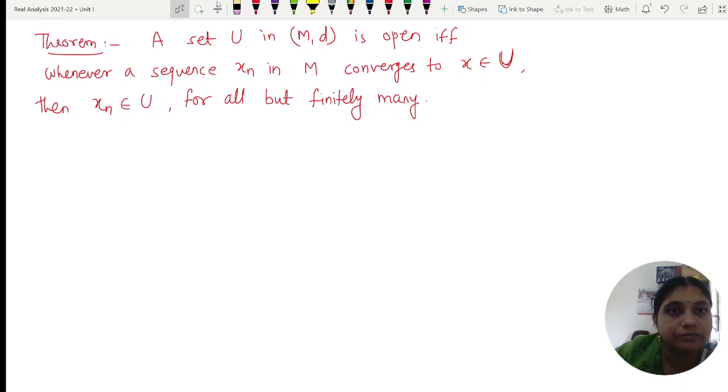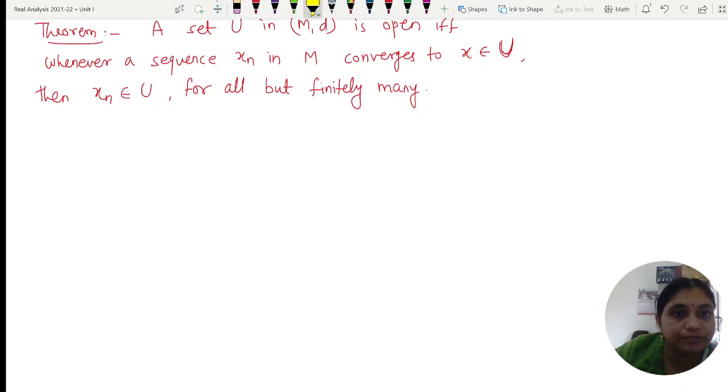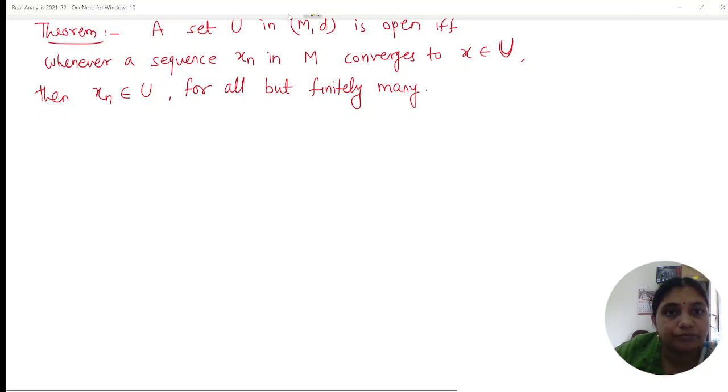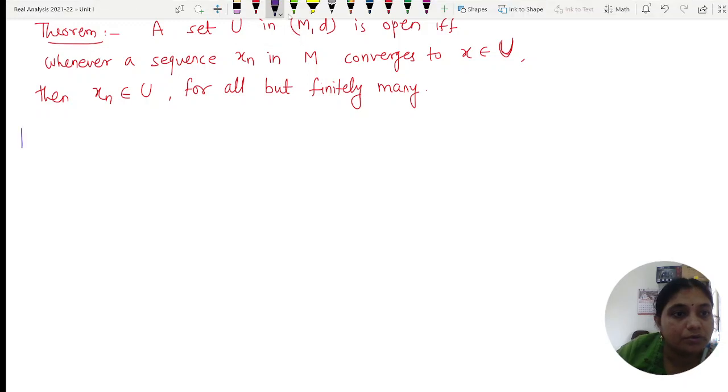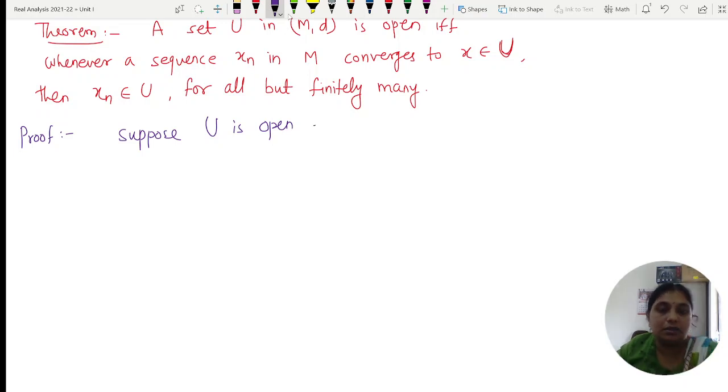First we will assume, suppose U is open in the metric space (M, d). And what do I want to prove? Whenever xn converges to x in U, then xn belongs to U for all but finitely many.